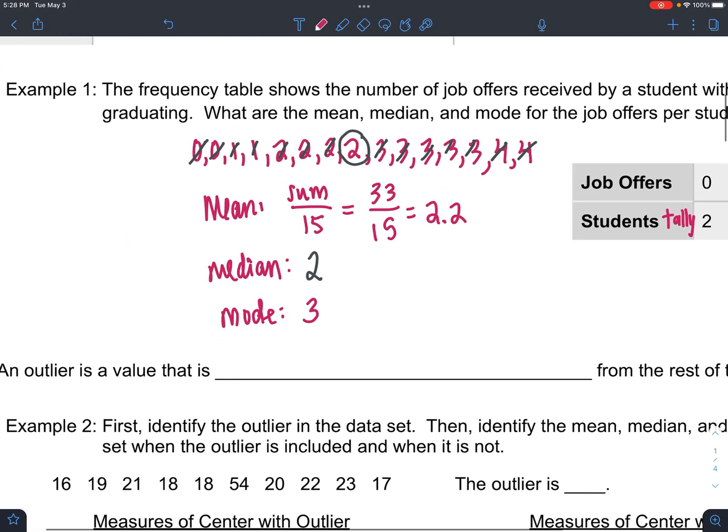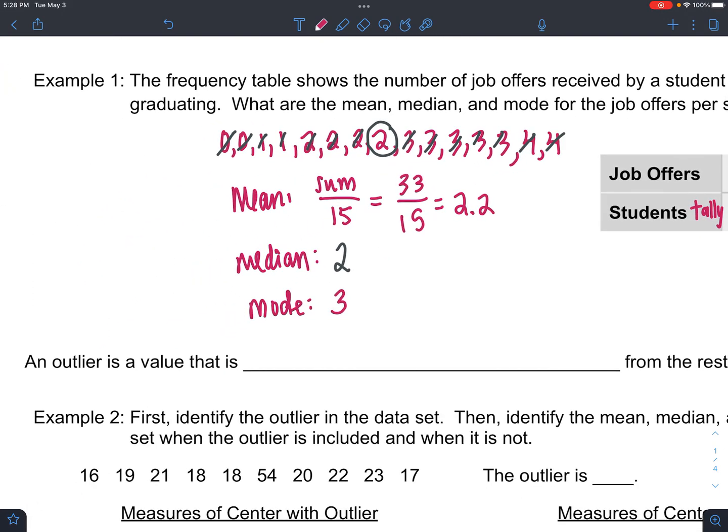Okay, so an outlier, you may have heard the word before, is a value that is substantially different. So if you have a bunch of test scores for students, and you're getting 80s and 90s, but then you had a student get a 10%, that's an outlier.